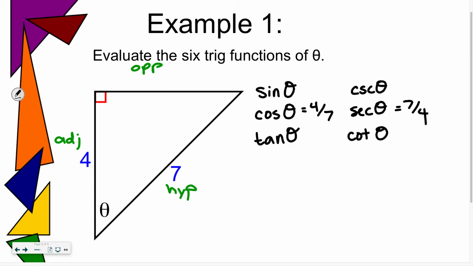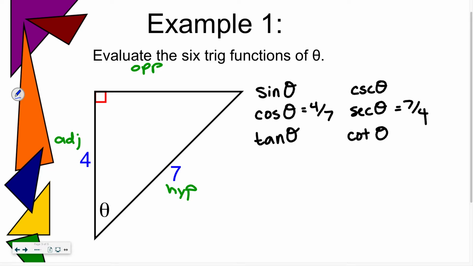What do you suppose I might do next? Stefan? Every other trig ratio requires that I know the opposite side, right? I didn't give you the opposite side, but can you find it if you have two? We did this on Friday. What would we use? A squared plus b squared equals c squared. That's your Pythagorean theorem.